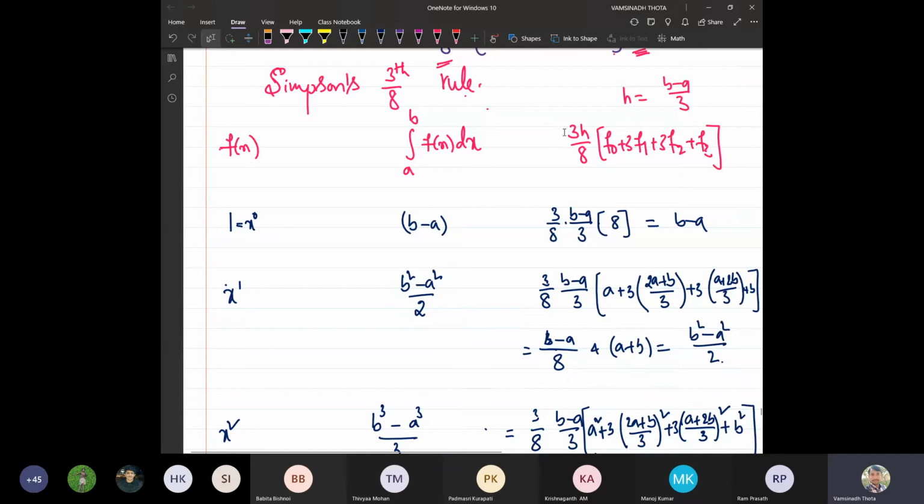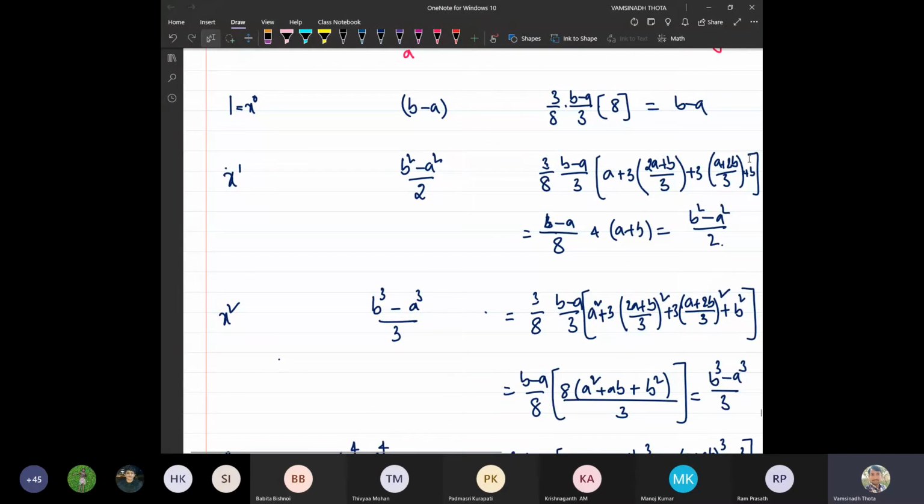If we use the formula, then what will we get? 3/8 times h, where h is b minus a by 3. f of x is equal to x, that is the function. f naught means f at a, that is a, 3 times f1, where f1 means f at 2a plus b upon 3, the second nodal point, plus 3 times f2, where x2 is a plus 2b by 3, plus f3. f3 means b, so that is b.